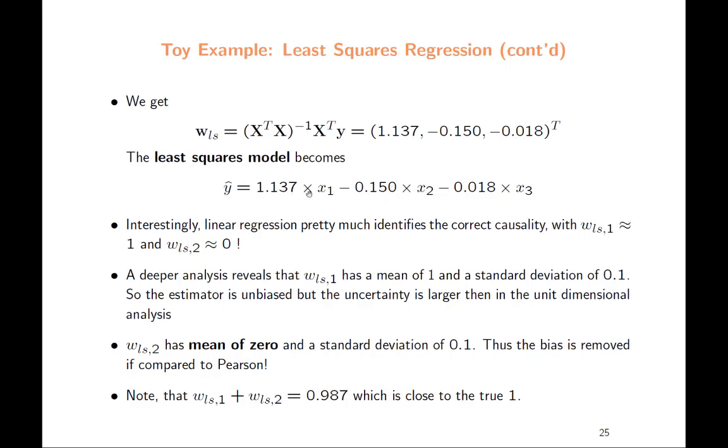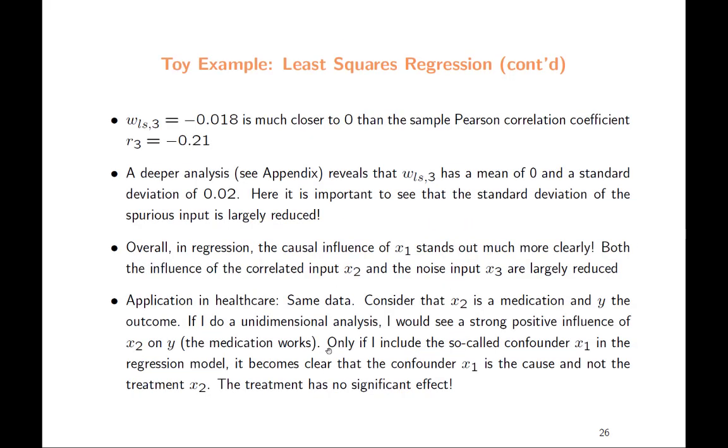If we add these two contributions, because these guys are almost the same, we see that the prediction is excellent because they add to 0.98, which is really close to 1. And so here we see a little bit the magic of multidimensional analysis, which shows you that the true dependencies are discovered with higher likelihood.